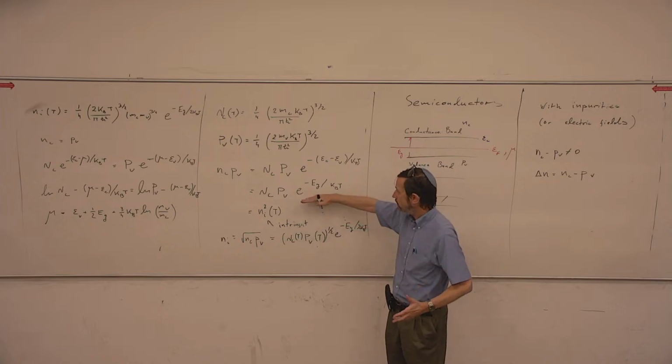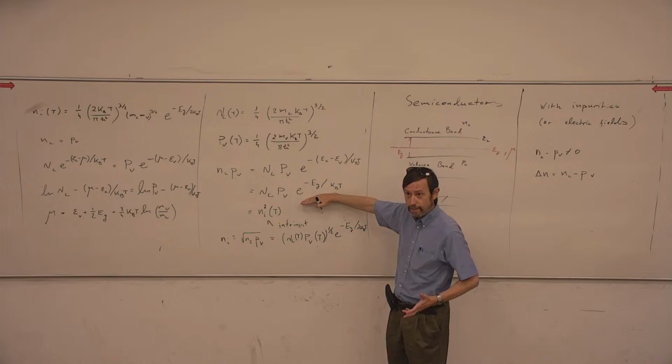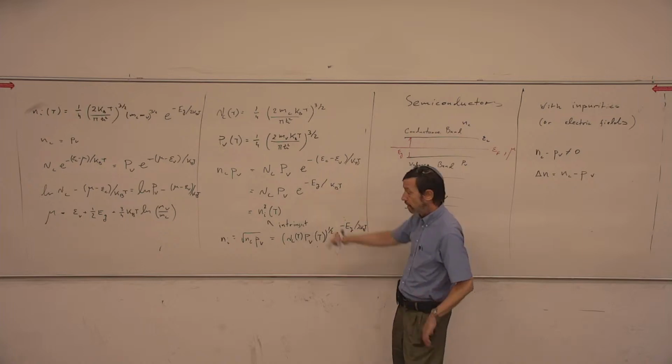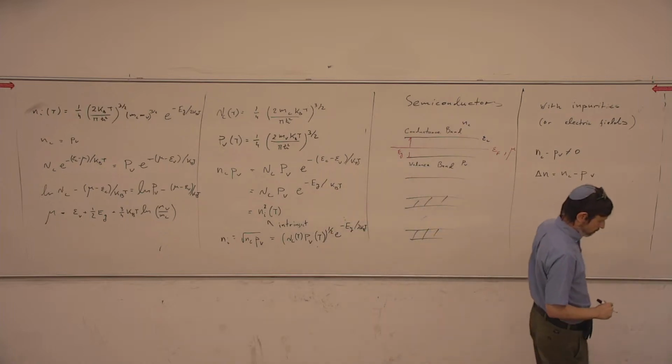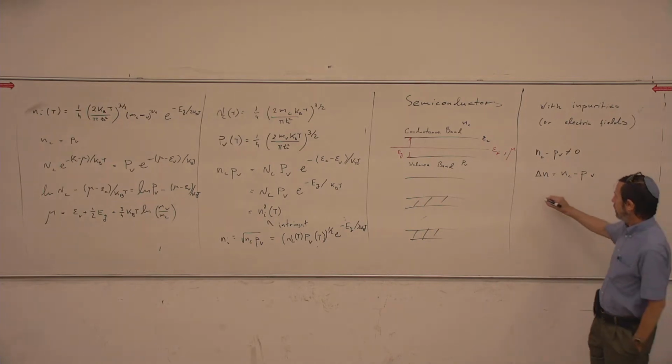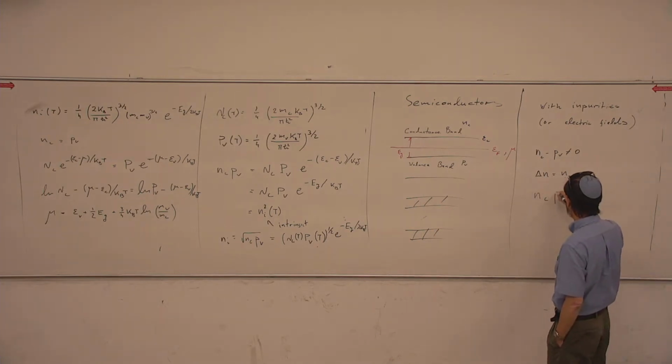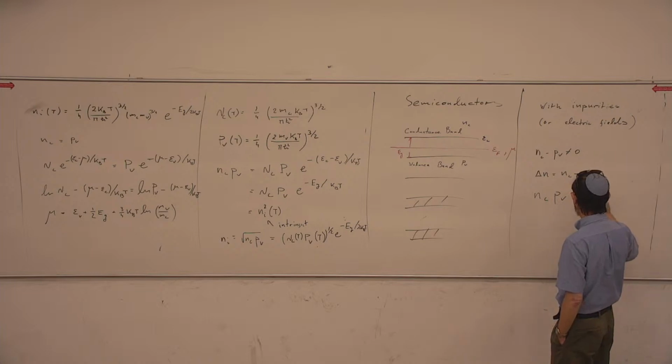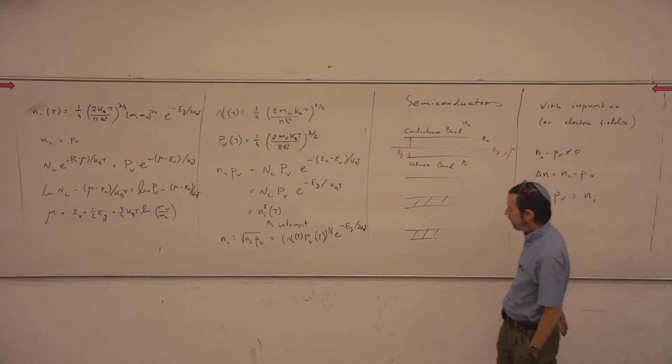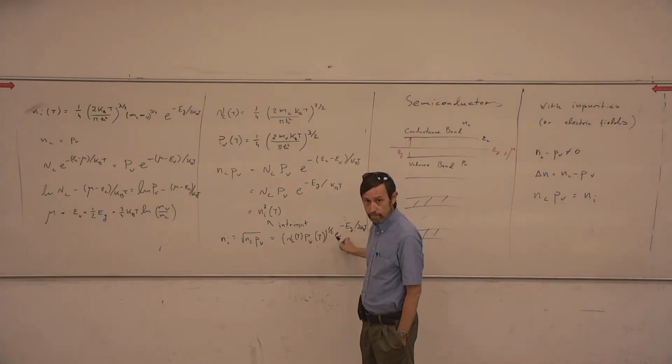No. So this result remains. So we can write down NC times PV is still equal to Ni squared, which is defined here.